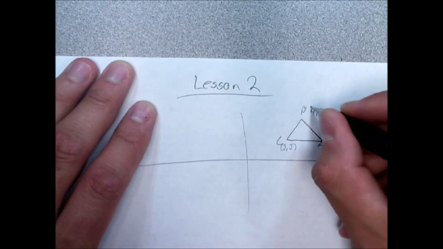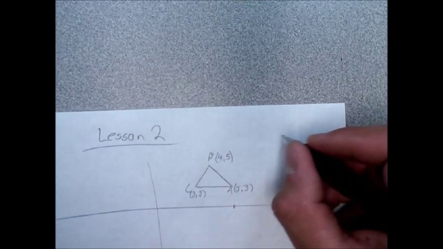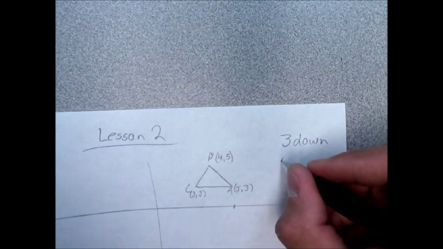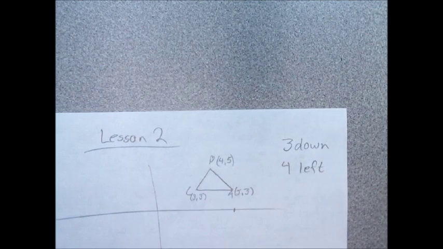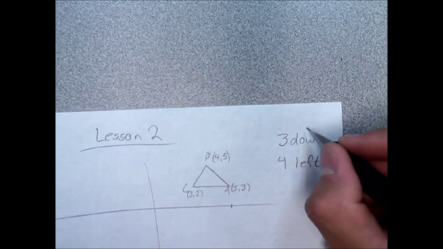If it said translate this figure 3 units down, and let me just go ahead and write it down, 3 down and 4 left. I first need to identify what I'm doing. If I'm going down, I'm subtracting, so this is going to be minus.